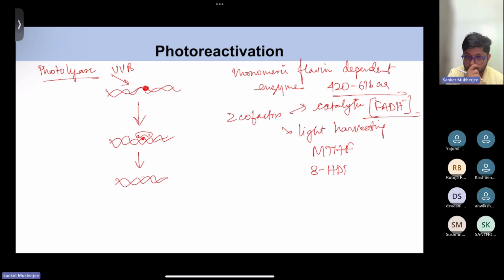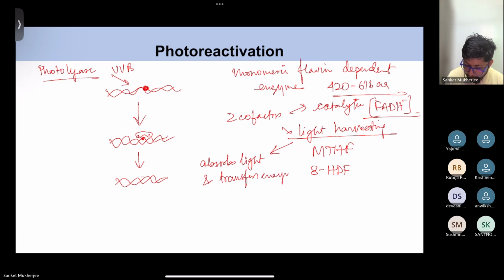There could be MCQs which could come up from here. What is the importance of the light harvesting cofactor? It absorbs light and transfers the energy to FADH.